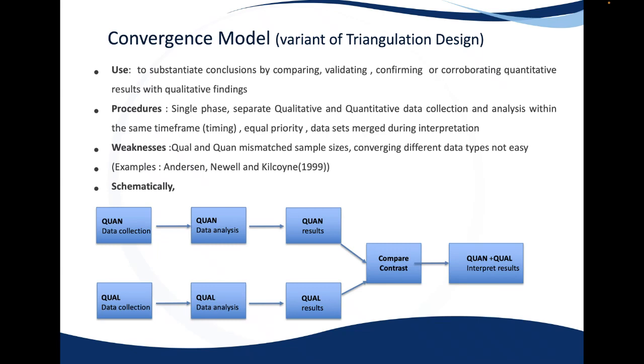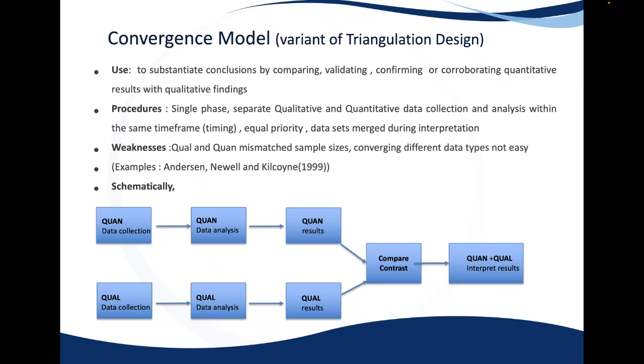So the convergence occurs at interpretation, but in different forms of triangulation the convergence could happen at data collection. So you collect quali, collect quanti, bring them together, analyze them together, express the results together, and so forth. That's a different type of triangulation design from the convergence model.